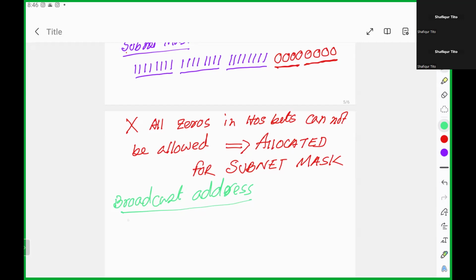So in that case, all ones in the host ID bits is allocated for the broadcast address.